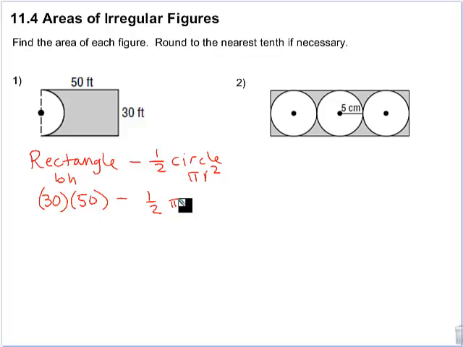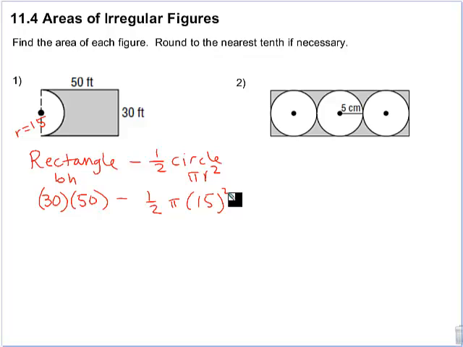What would be your radius here? Why is this radius 15? The whole length is 30, so half of it's 15, so it's pi times 15 squared. You can actually put that whole string into your calculator if you have the type of calculators like I have, and it will give you the correct answer out.